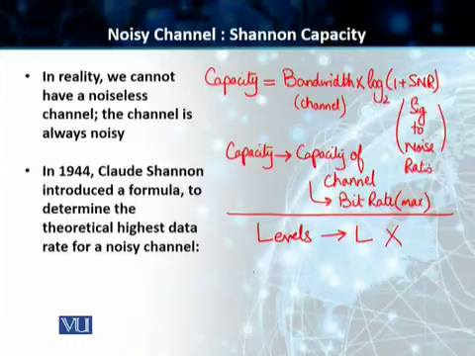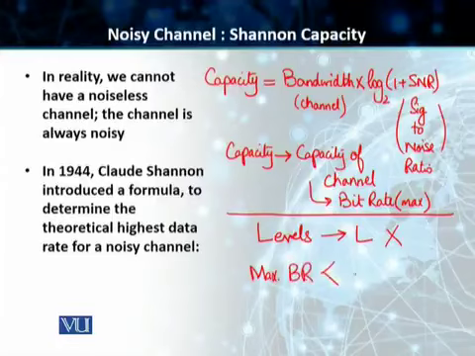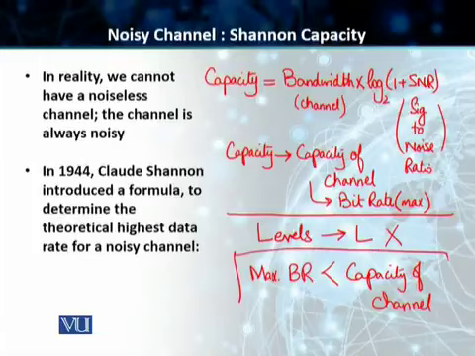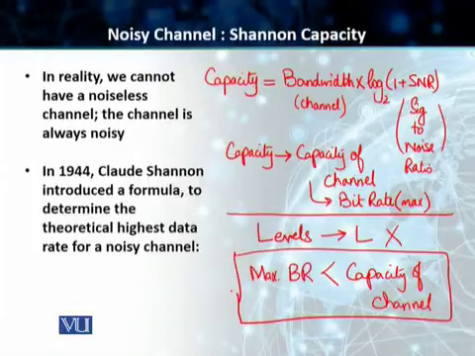So our maximum theoretical bit rate is always going to be lesser than the capacity of the channel, which is the actual case in reality for real-time data communication systems.